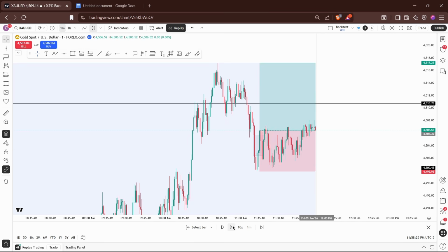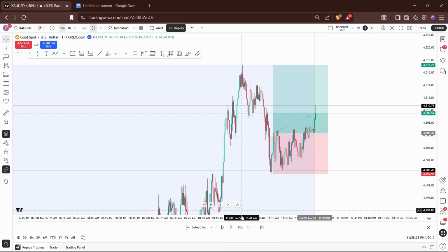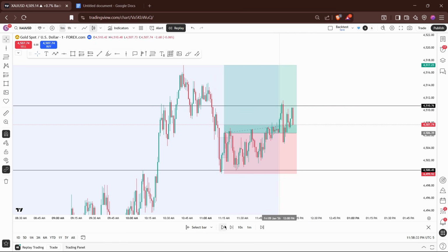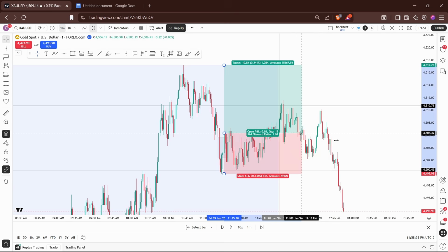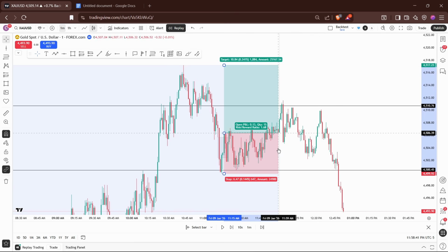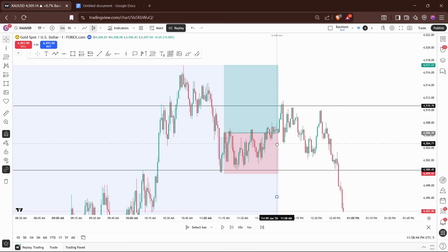You can see at 12 we are on break even. Let's wait. Yeah, this trade is a break even trade. It could have been a loss like this. So I suggest you put your trade into break even after 12.